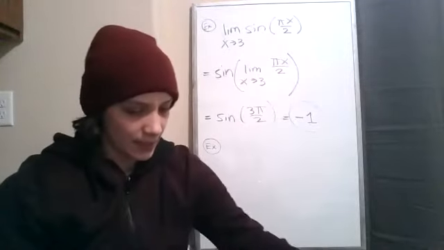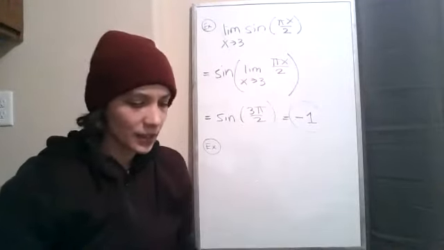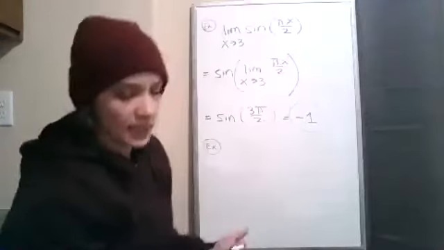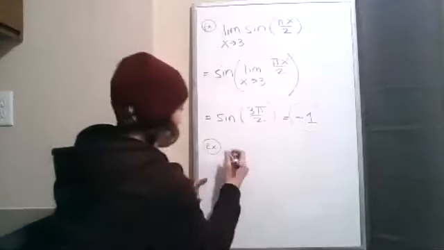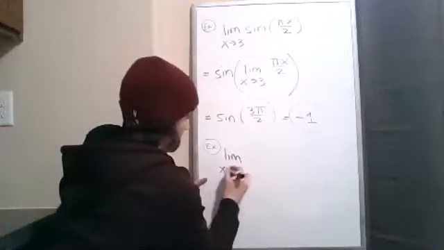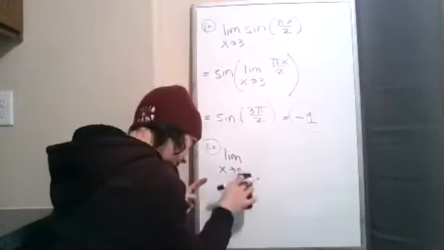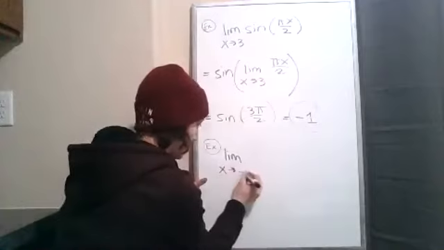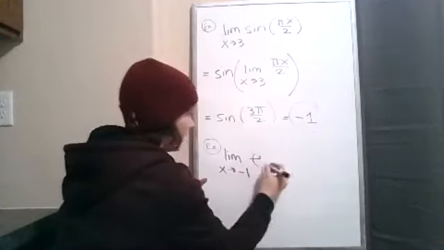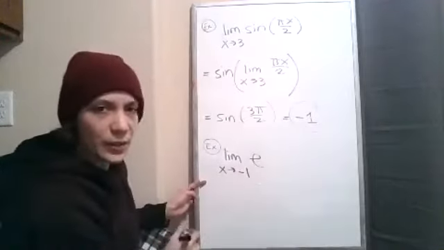All right, next one is a little tricky, but it's the limit as x goes to -1 of e to the power x squared plus 2.